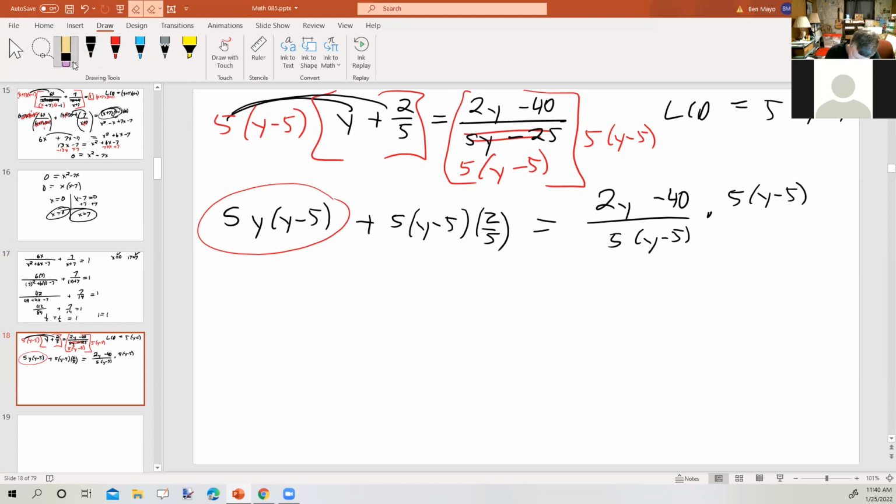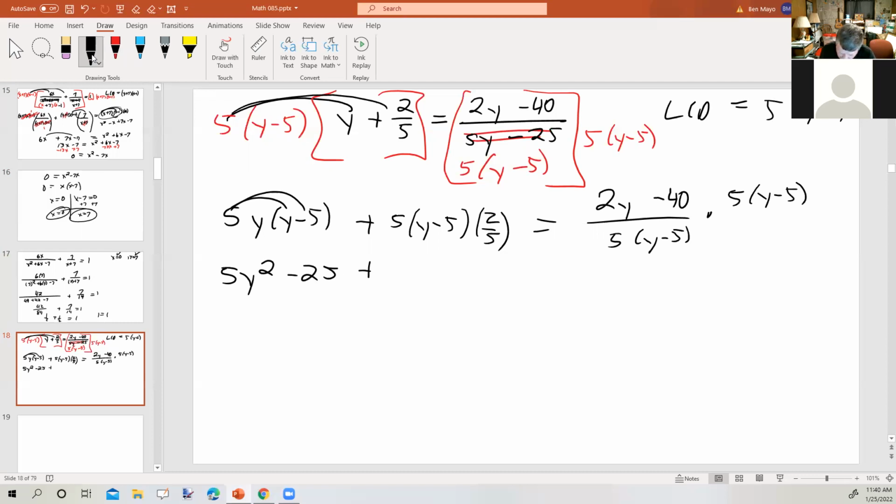So now going back and simplifying, this is going to be 5y squared minus 25, plus, I can take this 5 and this 5 and reduce them to 1 over 1. So then I get 2y minus 10. Over on the right side, the 5s and the y minus 5s reduce to 1 over 1. And I've got 2y minus 40.